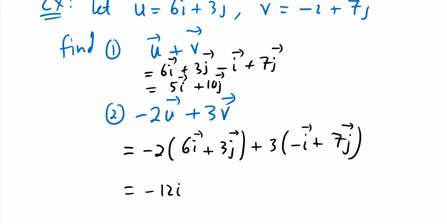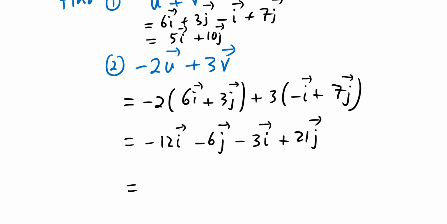Negative 12i minus 6j minus 3i plus 21j. Negative 15i plus 15j. It's like algebraic operations. We distribute the negative 2 and then we distribute the 3. And then we combine like terms. So that's the simplified answer for the second part.